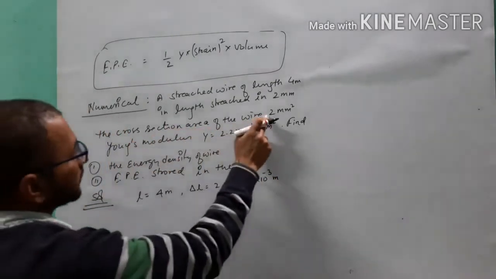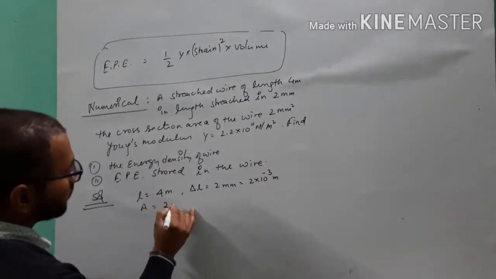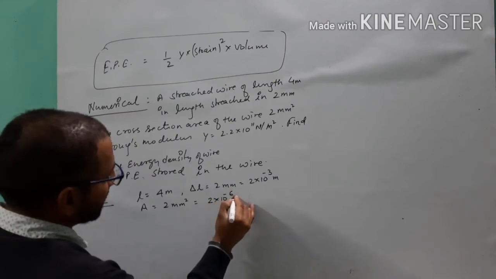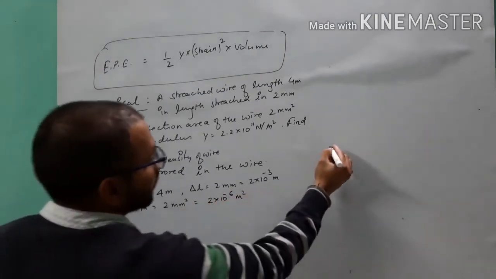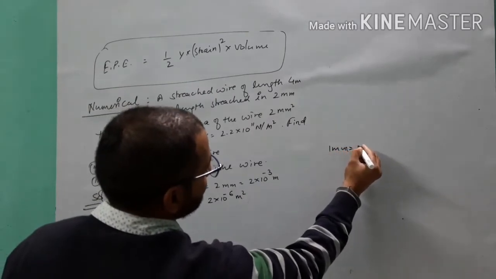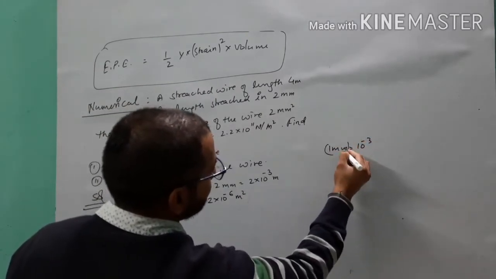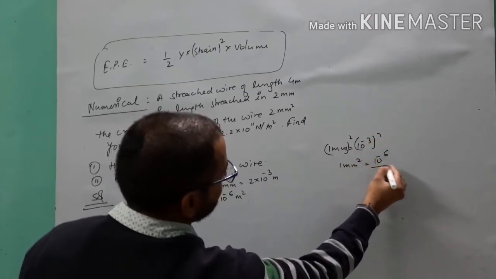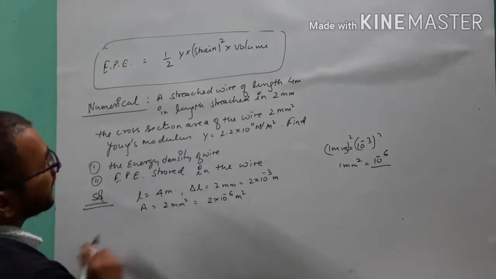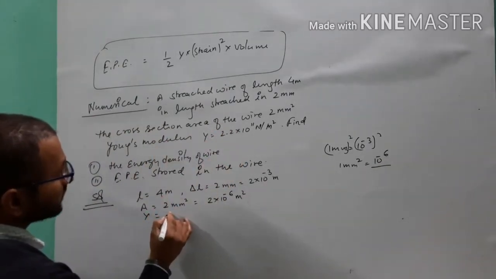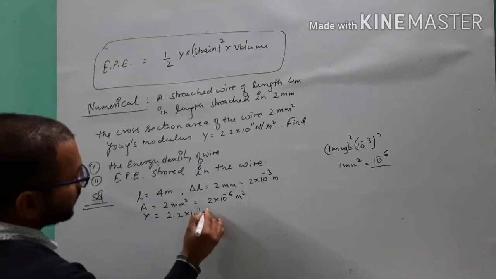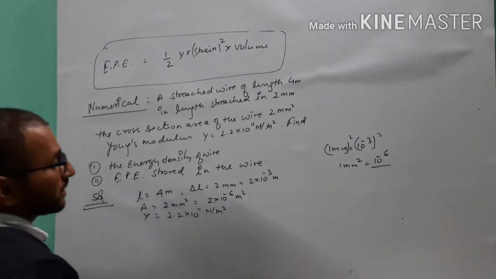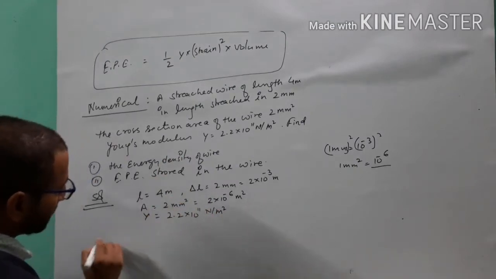The cross section area of the wire is 2 mm square, which is equal to 2 into 10 raised to the power minus 6 meter square, because 1 millimeter is equal to 10 raised to the power minus 3 meter, so square of this is 10 raised to the power minus 6. After that, Young's modulus Y is equal to 2.2 into 10 raised to the power 11 Newton per meter square. First we will convert all the units into SI unit form.